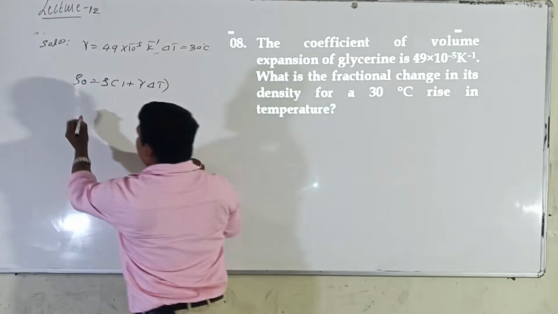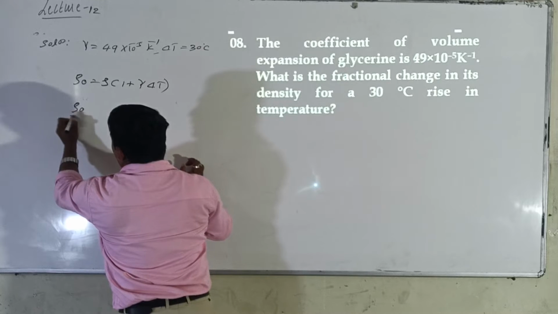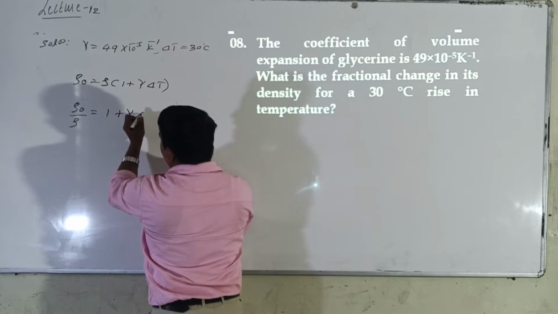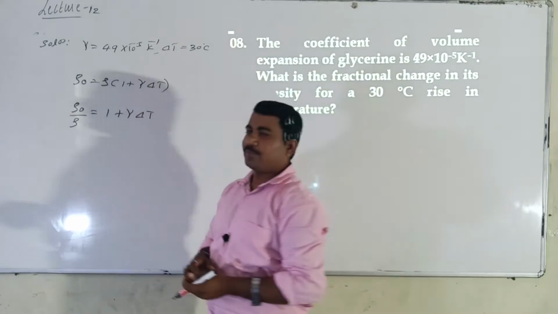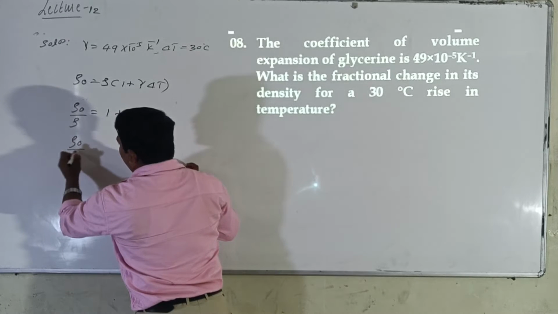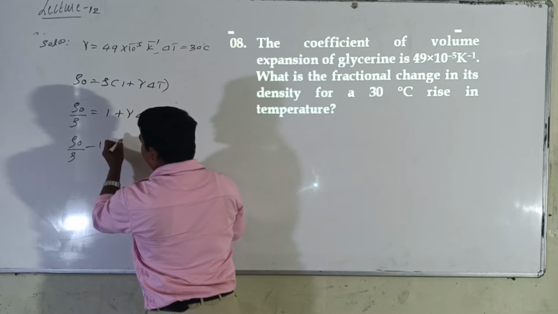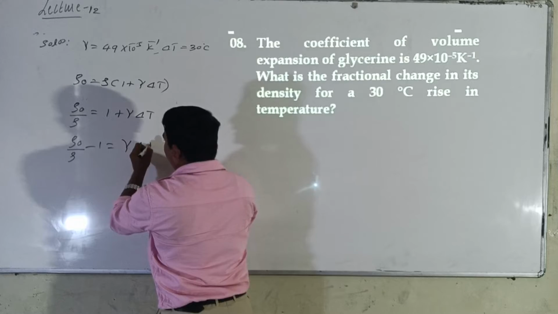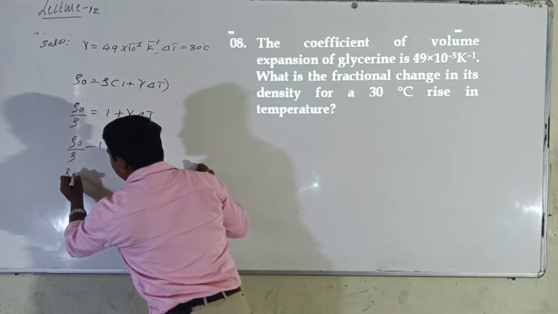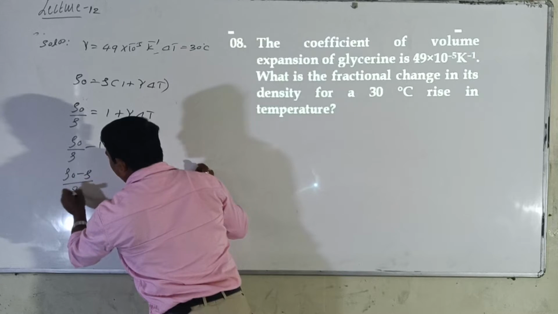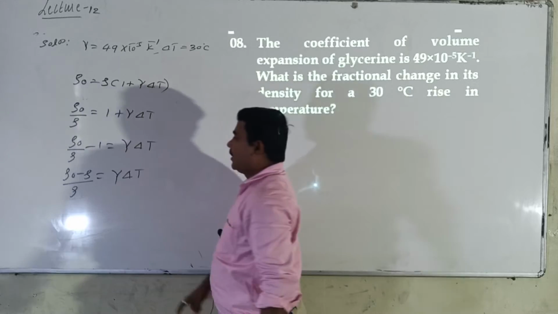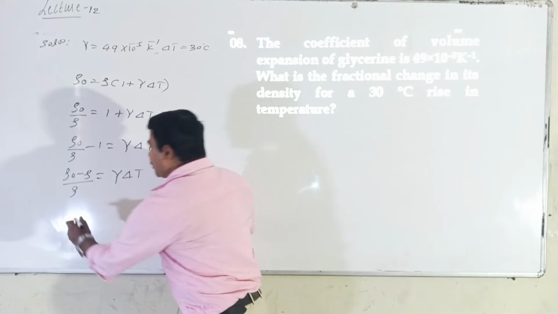Or from this, how to write? Rho naught divided by rho equals 1 plus gamma into delta T. Or rho naught divided by rho minus 1 equals gamma into delta T. Or I can write rho naught minus rho divided by rho equals gamma into delta T. Rho naught minus rho is the change in density.